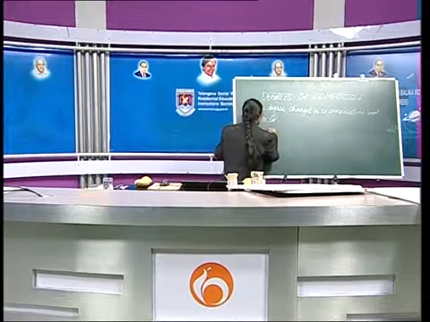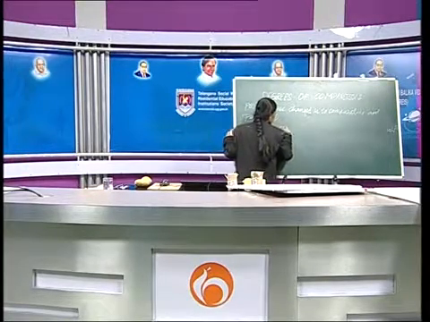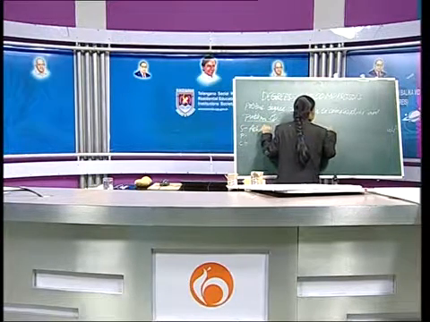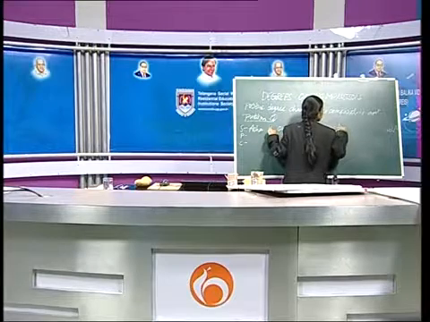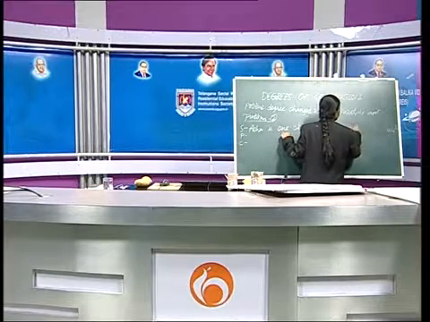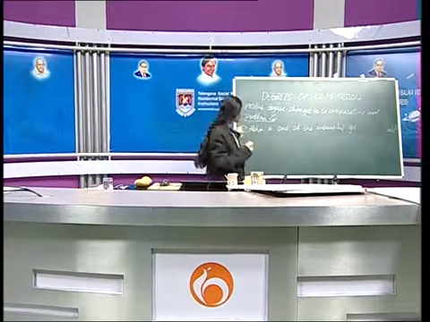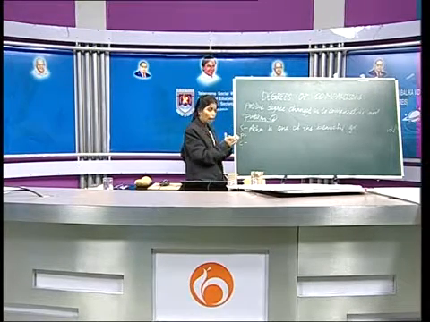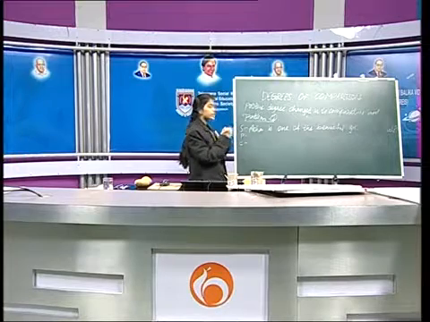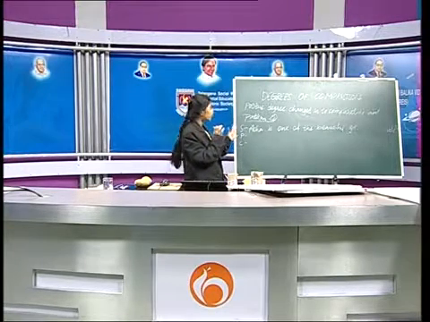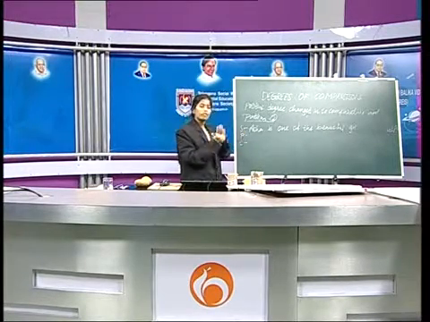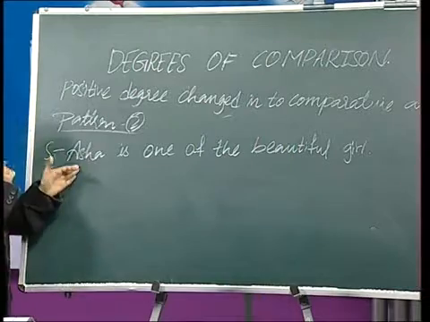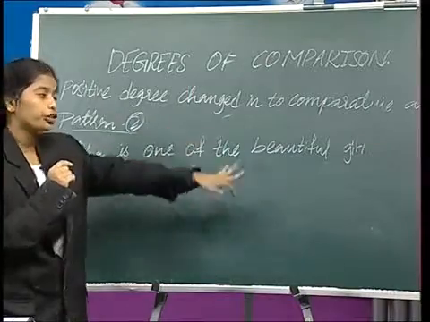Asha is one of the beautiful girl. So friends, here in the superlative, in pattern 2, according to the rule of grammar, we have to change the superlative. In the second pattern, it becomes "one of the" in the superlative form. So in the superlative form, Asha is one of the beautiful girl.